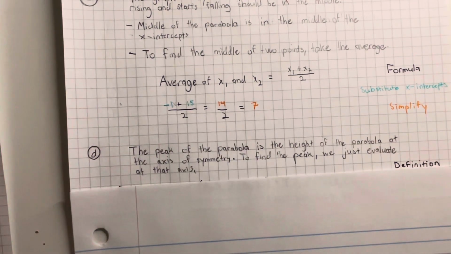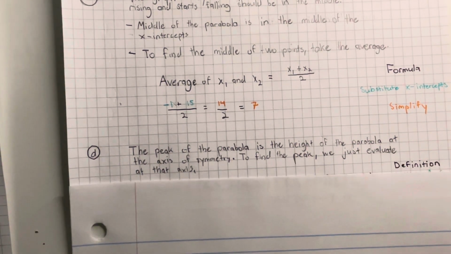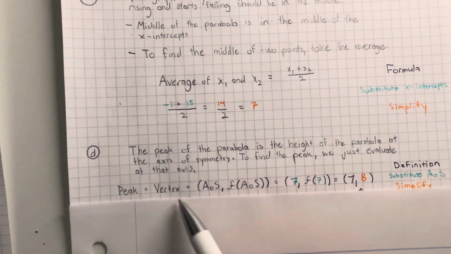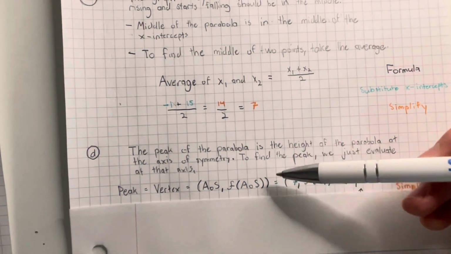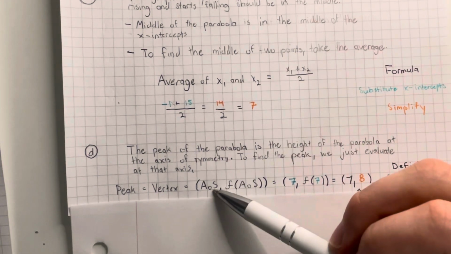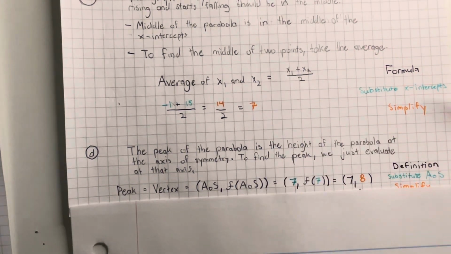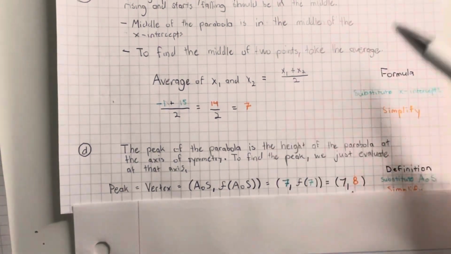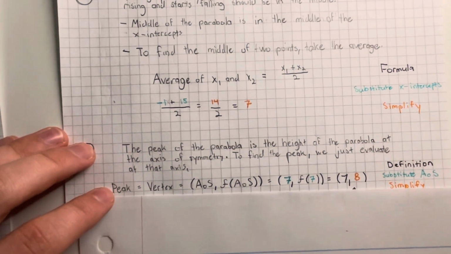So the peak of the parabola is the height of the parabola at the axis of symmetry. To find its peak, we just evaluate the function at that axis. Since the peak is the vertex, we said earlier that the vertex is a coordinate: the x coordinate and the y coordinate, which is the axis of symmetry and the function evaluated at the axis of symmetry. So plug in numbers, since the axis of symmetry is 7, we plug in 7, and then you simplify and you get 8.